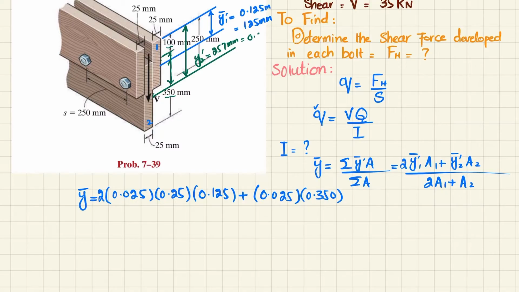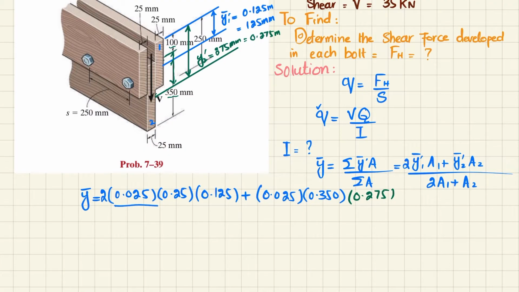That is 275 millimeter, which in meter I will write as 0.275, divided by 2 times area A1.